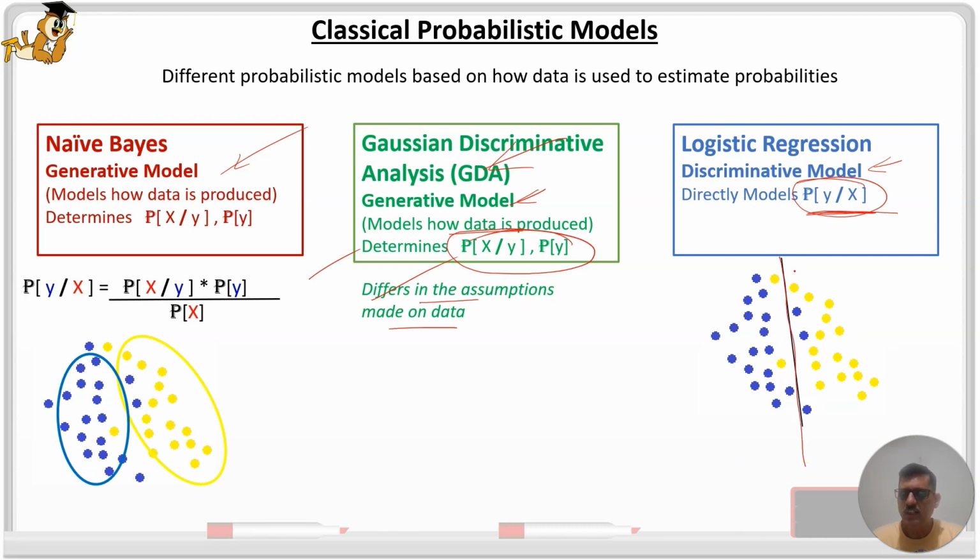It directly tells you what is the probability of the answer being Y0 and the answer being Y1 for each particular Xi. And therefore you can imagine that it is effectively creating a separator. If it's directly going to estimate the probability of this class versus that class, in other words, it is essentially drawing the decision boundary for you. So that is logistic regression, and that is the third model that we are going to study today.